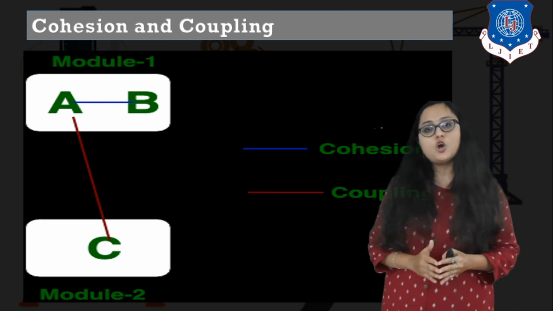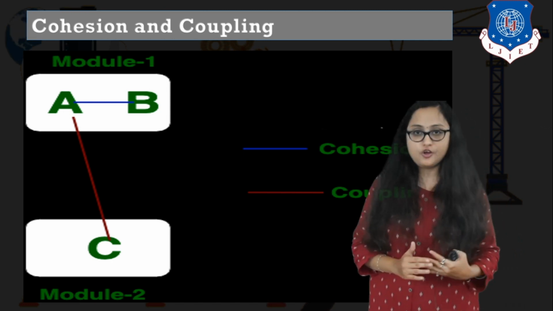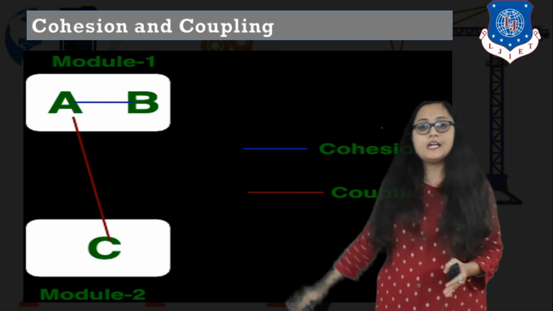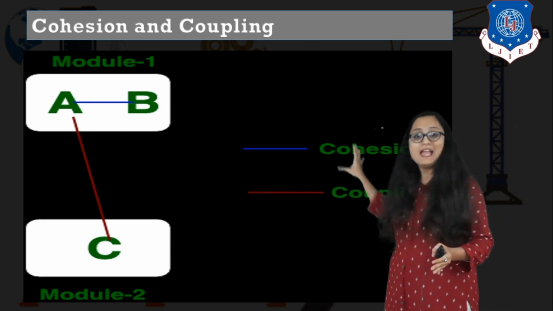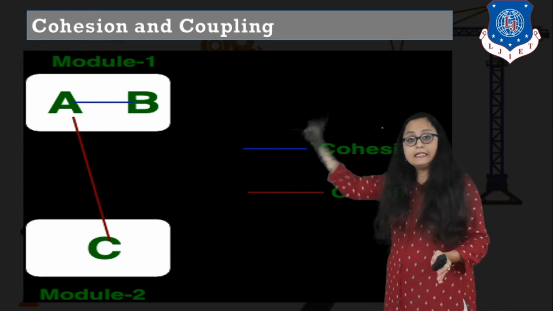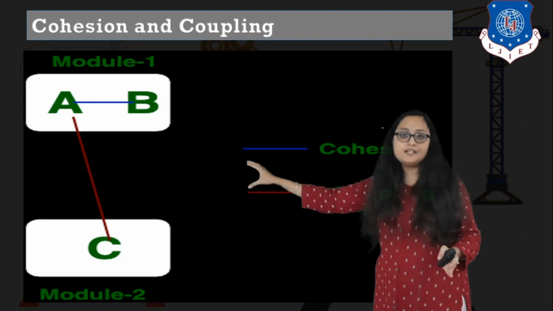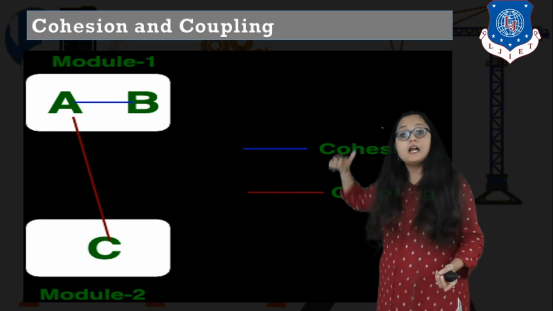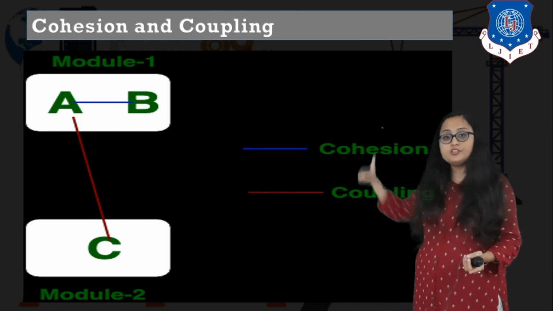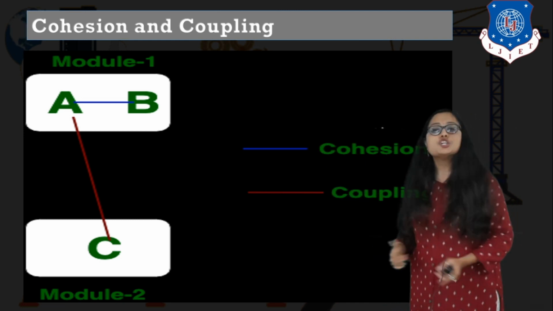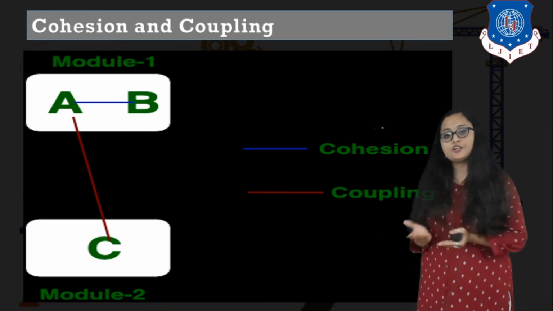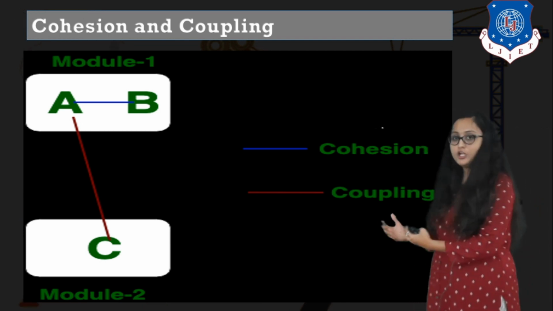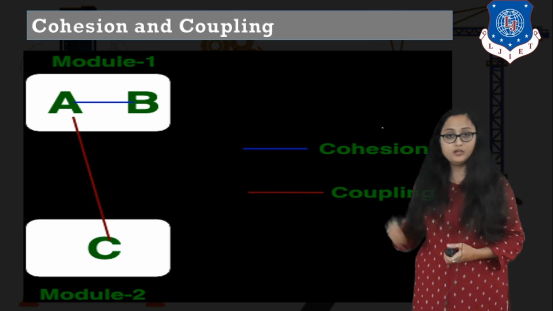So if you want to develop good quality software, the rule is that you must have high cohesion and low coupling. The interdependence among the elements of a module must be higher, but the interdependence between modules, that is intermodule, should be lower. That is the rule for developing good quality software, right?